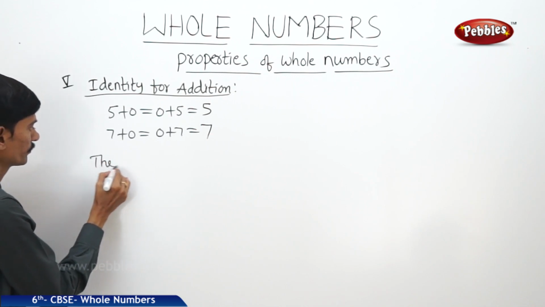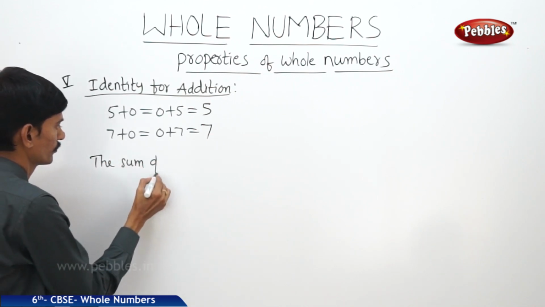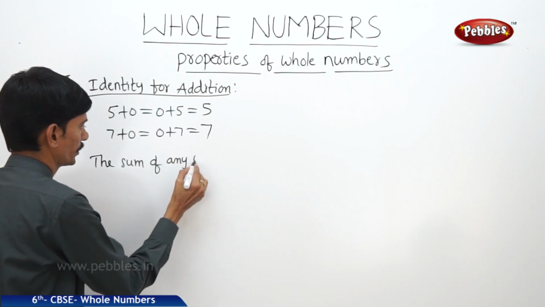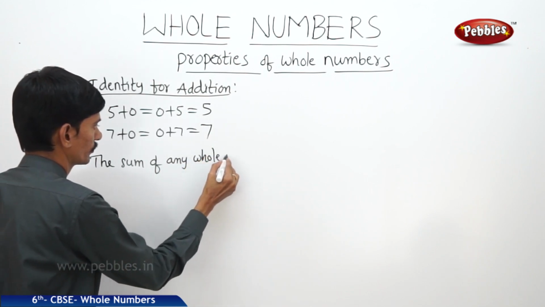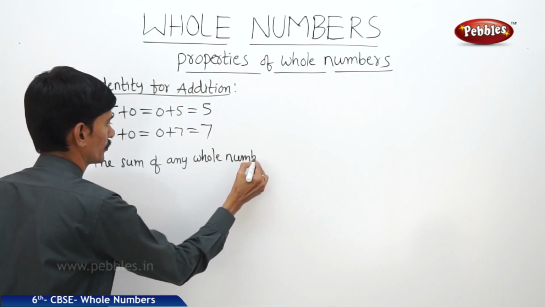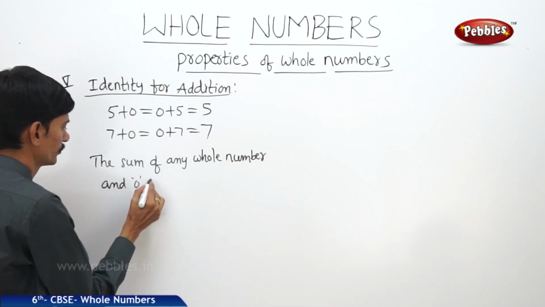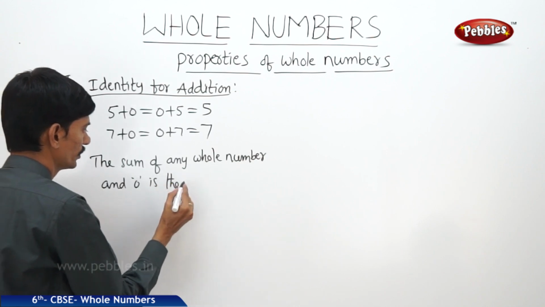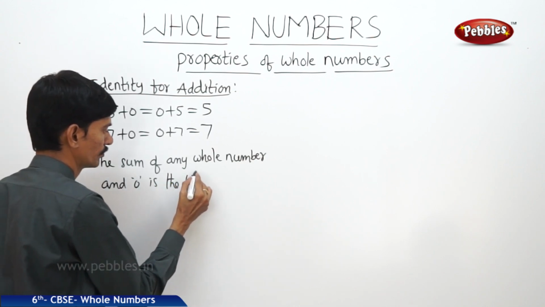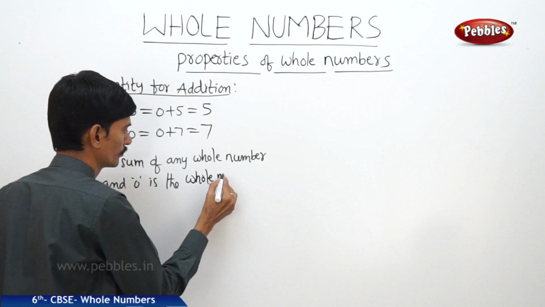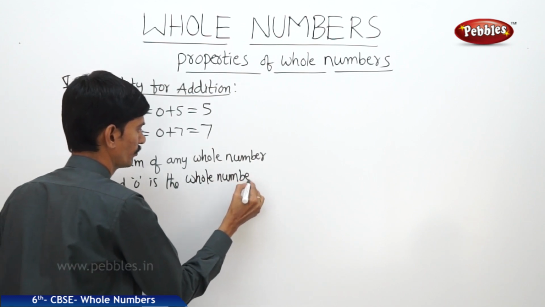The sum of any whole number and 0 is the whole number itself.